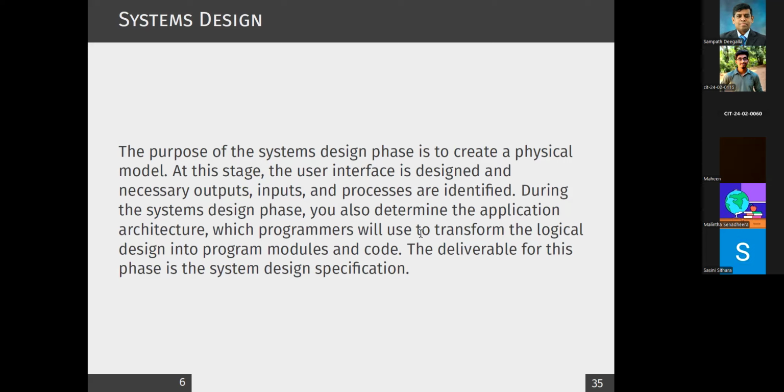So that's something that you have to determine. This is called application architecture. Then once you finish that one, you will get something called system design specification. We include all the design documents.